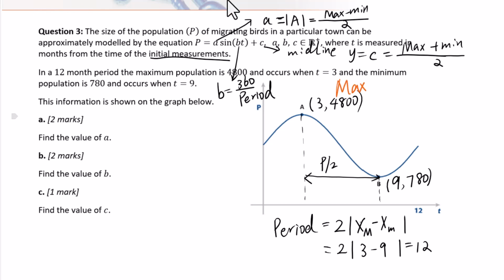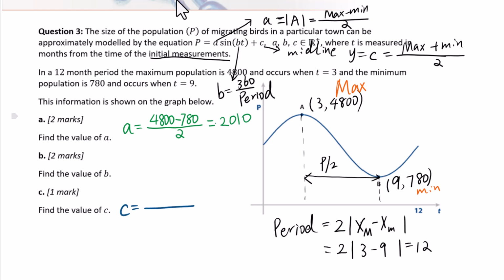Maximum value is 4,800. Minimum value is 780. A equals 4,800 minus 780 over 2 equals 2010. C is a midline.